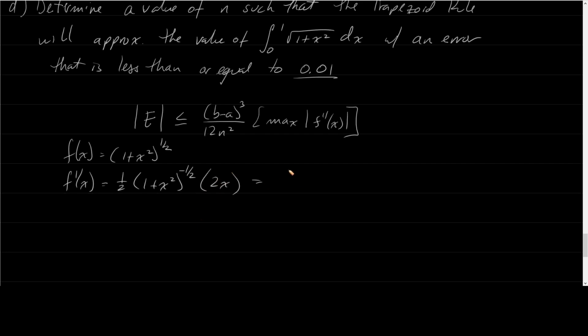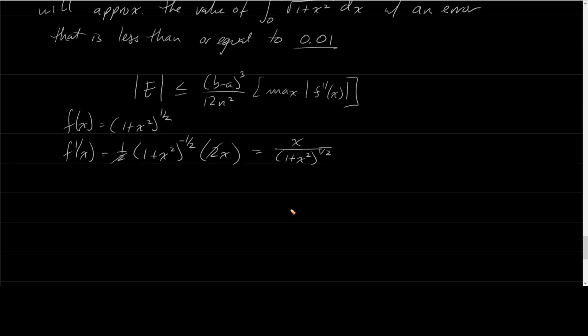I'm going to rewrite this: the 2 and this 2 cancel out, so I just have x over (1 plus x squared) to the 1/2. So at that point, what are we going to do? I need the second derivative, not the first derivative. We've got to take another derivative.